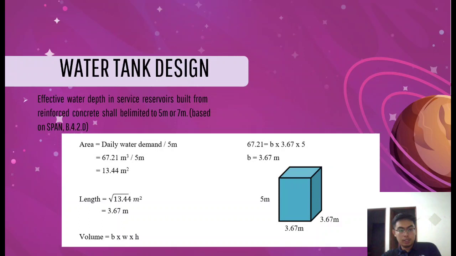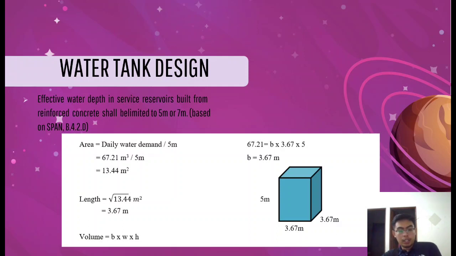Okay, next is water tank design. Basically, we follow the requirement from SPAN, where the height we will assume as 5 meters or 7 meters. So first thing first, we need to find the area, which the formula is daily water demand divided by 5 meters, which is the height, and we get 13.44 square meters.